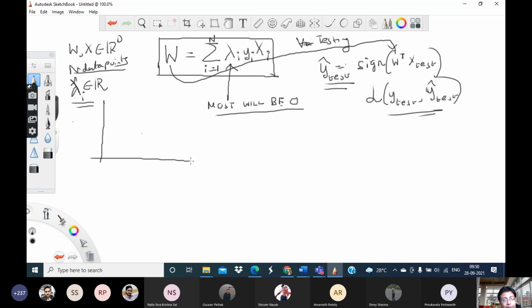Which ones? The ones which are closest to the marginal classifiers are the ones which will not be 0. Suppose when we solve for W, this is the W which we get.